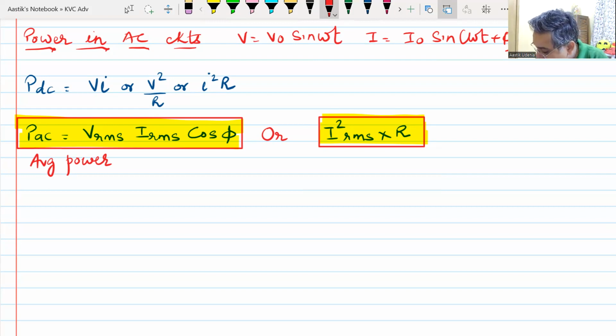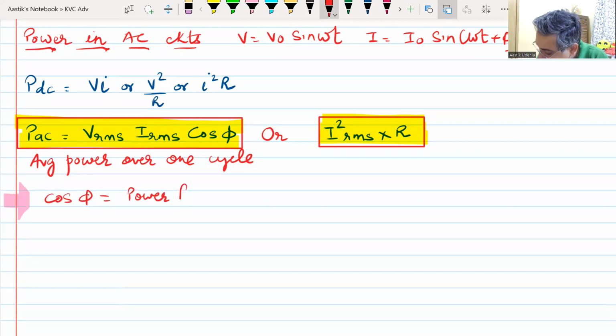Do we understand this? Yes, sir. In this average power formula, you have this term which is known as cos phi. This cos phi is known as the power factor of the circuit.